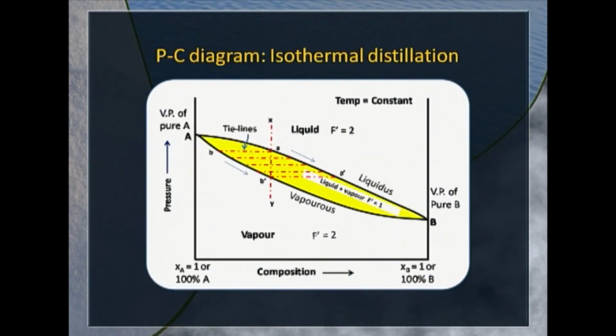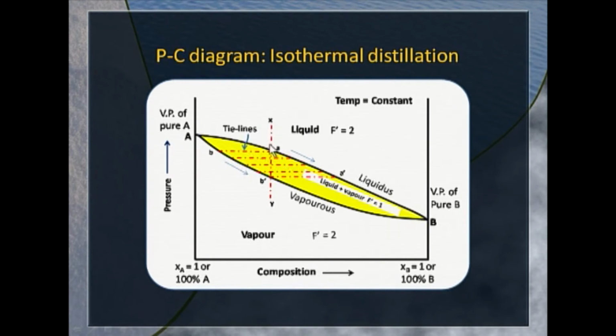Now, let us look at the diagram to find out where this can be made use of. You start with the liquid with the composition marked X, for which the number of degrees of freedom is 2. We know that temperature is kept constant, and we decrease the pressure.